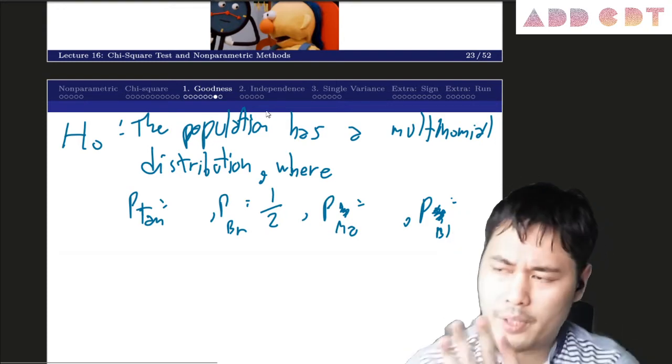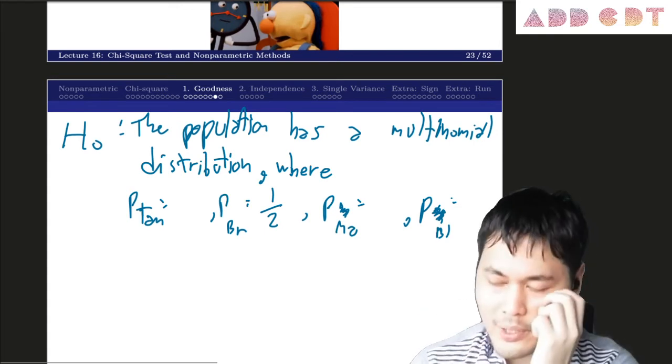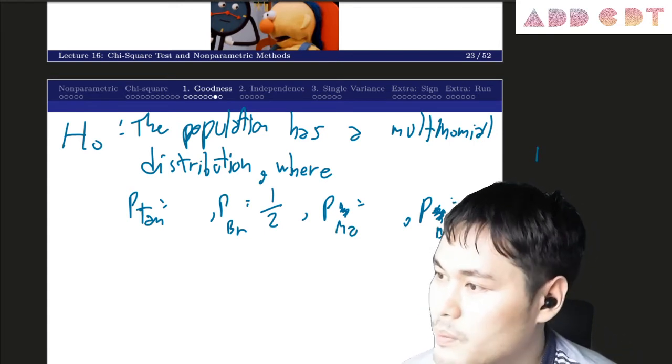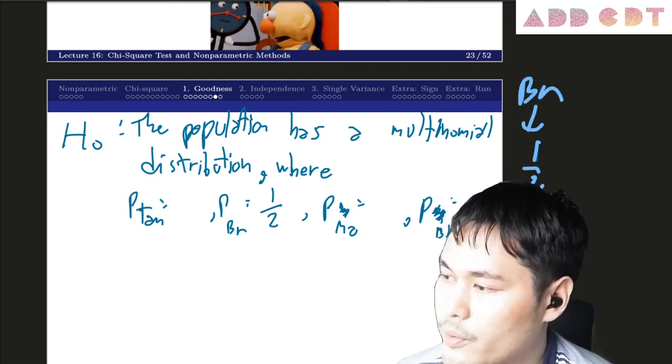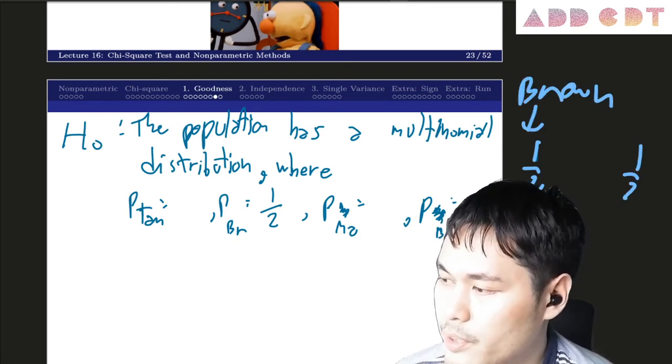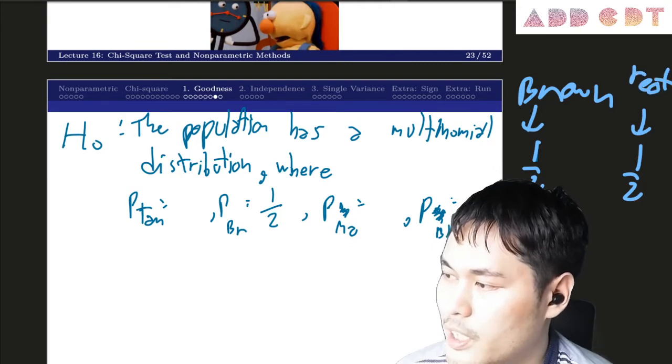If it is 1/2, then okay, we have to compute a little bit. If 1/2 is brown, that means the rest is also a half.